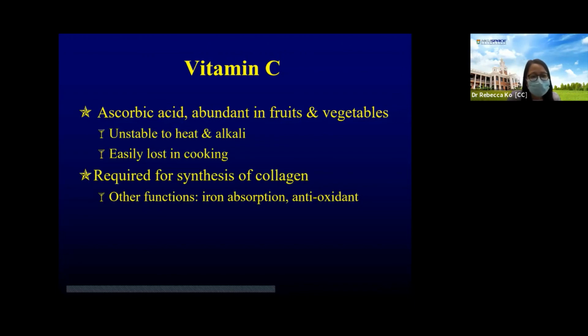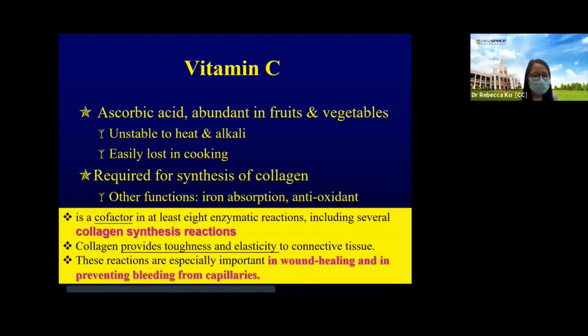Vitamin C is important because we need it for the synthesis of collagen, and other functions like iron absorption and antioxidants. I think you heard this before, right? It is a cofactor for at least eight enzymatic reactions, which means in metabolism we need this vitamin C, including collagen synthesis.